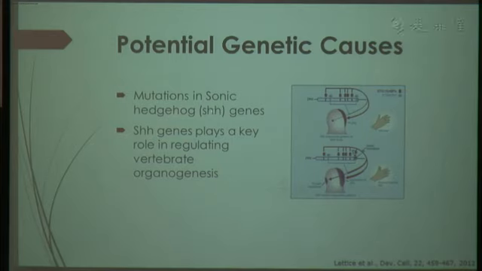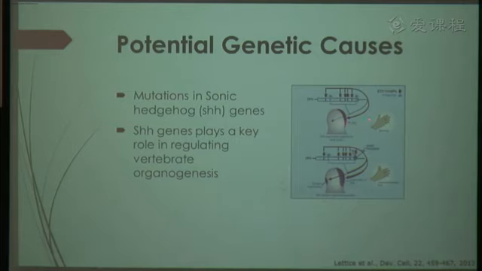This is because the SHH gene plays a very key role in regulating organogenesis. To the right here, you can see that in normal hand formation, SHH is expressed only on one side of the limb bud. This is a limb bud, and it will form lots of fingers later.